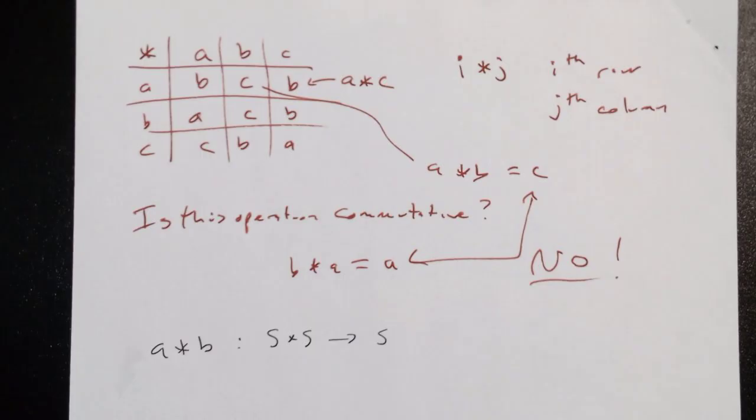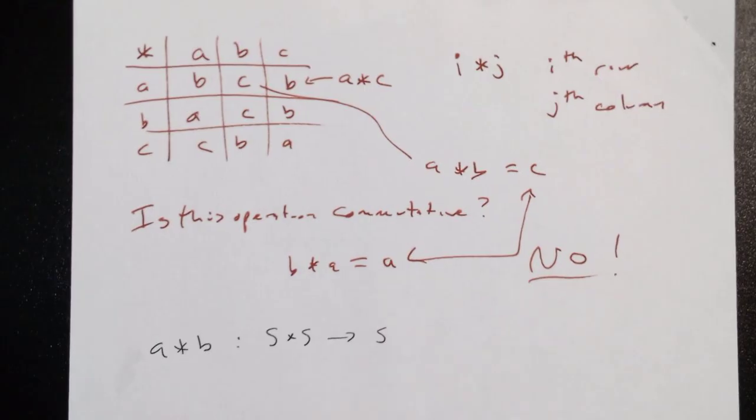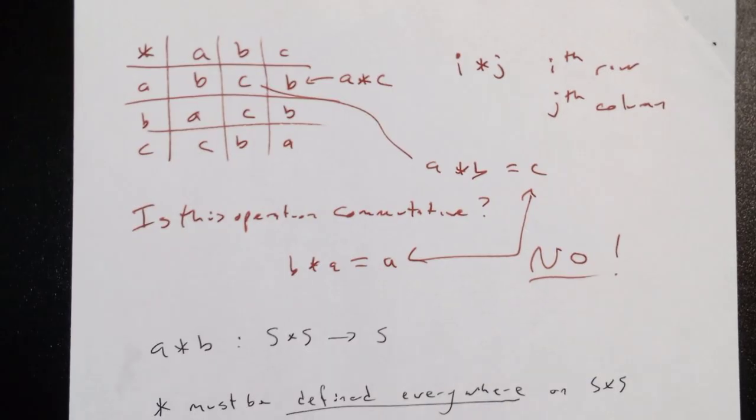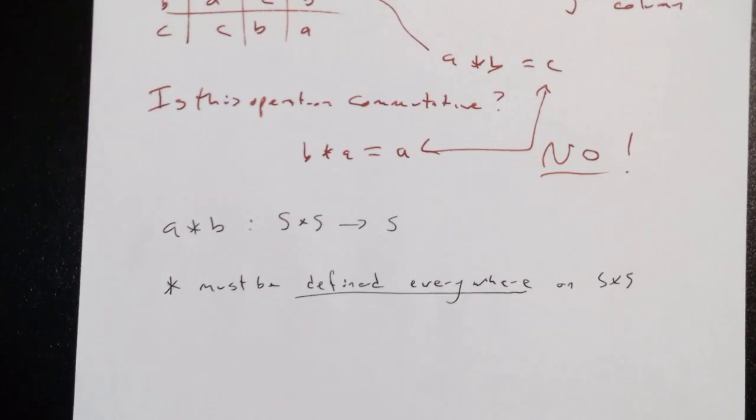In order for this to make sense, every time I put in an ordered pair, I need to get something out. And the thing I get out has to be part of S.